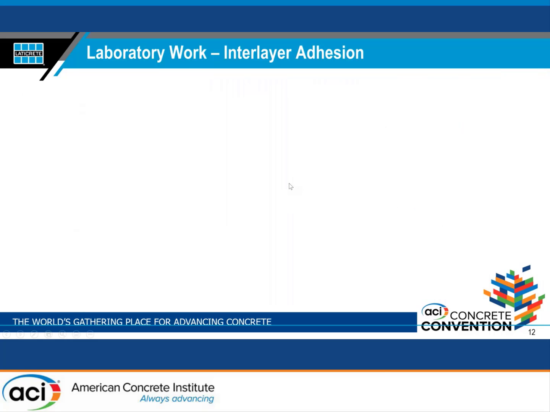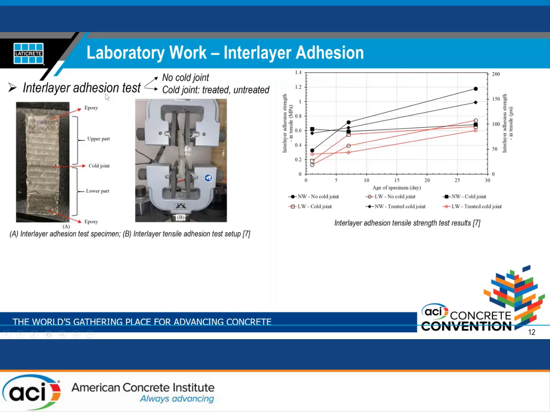In the sample here, we printed specimens and then cut them. We printed the lower part on the first day, and the next day we printed the upper part, leaving the layer between the lower part and the upper part as the cold joint.